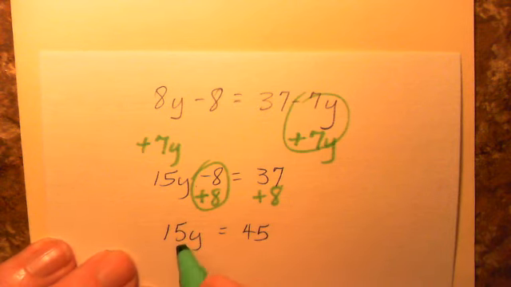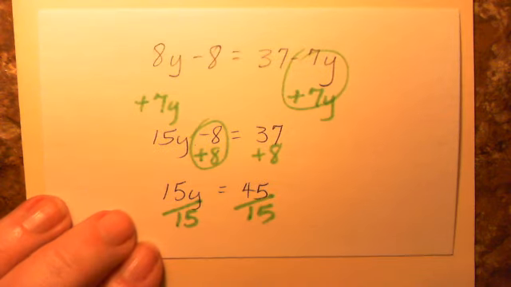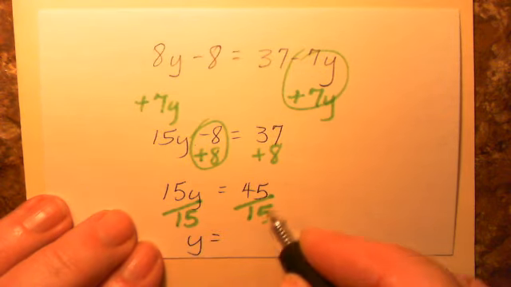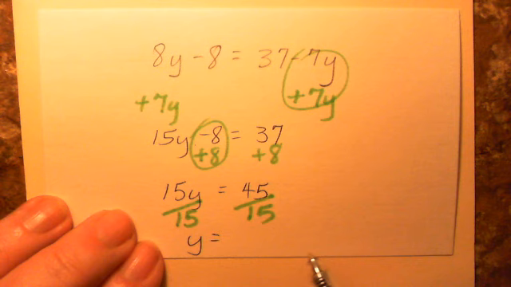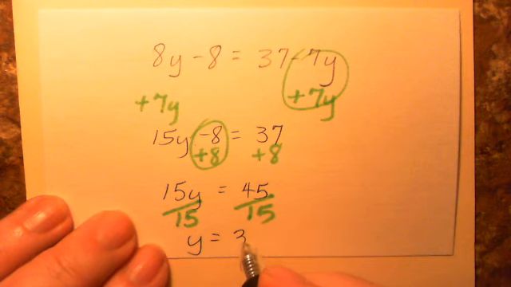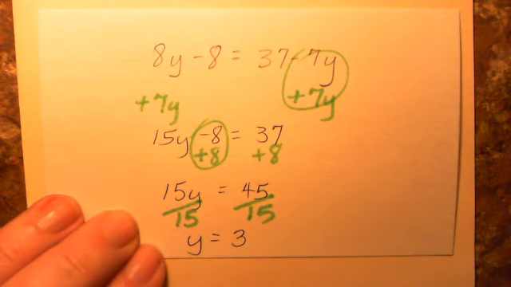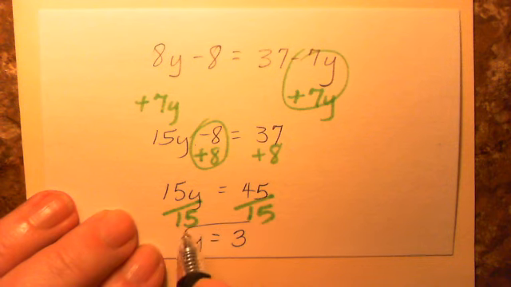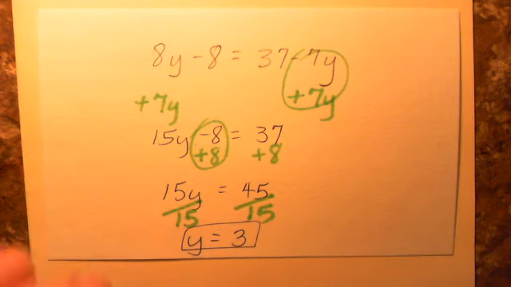And we're now at the step where all we need to do is divide by 15 to get y by itself. And that gives us y is equal to 45 divided by 15, which is 3. y is equal to 3 is the solution. And remember that you should run the check as we did earlier.